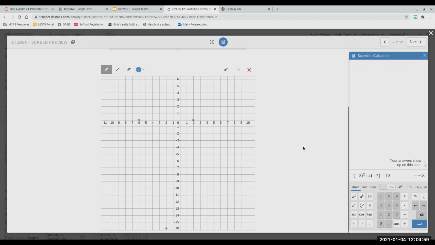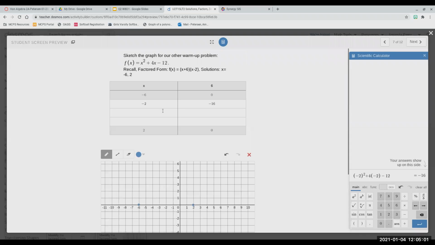I could sketch it with that, but let's find a couple more points that are going to fall on my graph. It's completely up to you. You can choose any of the points. I'm going to choose a couple more points that fall in between my two intercepts just to give me that bottom curve. So let's go with -4 and 1. Same process: if x is -4, I need to know what the y value is.